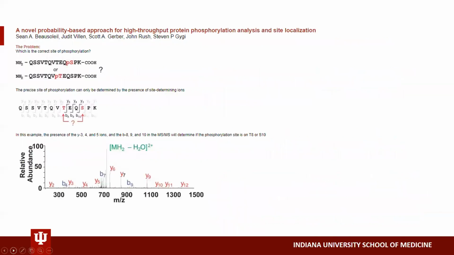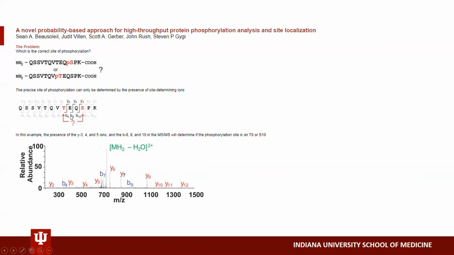So here again is what is this diagnostic ion? So again, you have some PTM that could be on any S, T, or Y residue. So for example, these two peptides would have the same precursor M over Z. But to confidently identify whether it's on the threonine or the serine, you would need some of these B or Y ions that are located between the two residues.